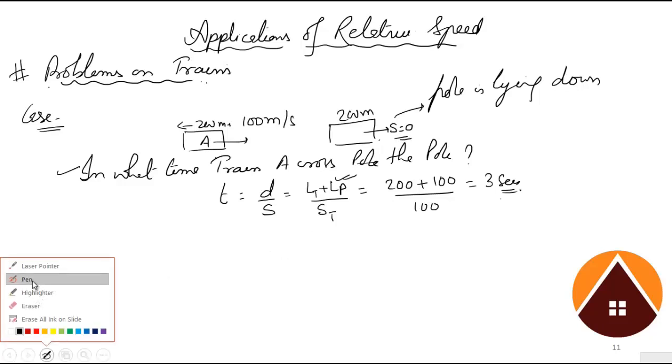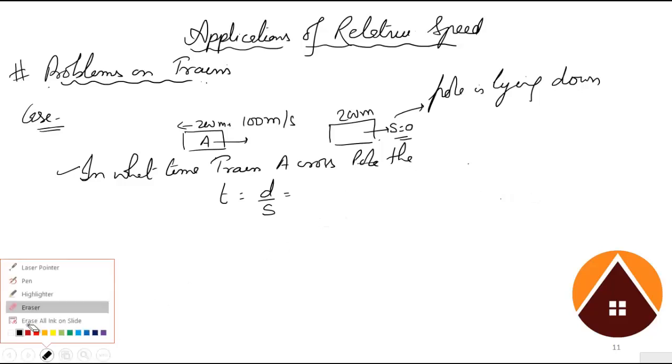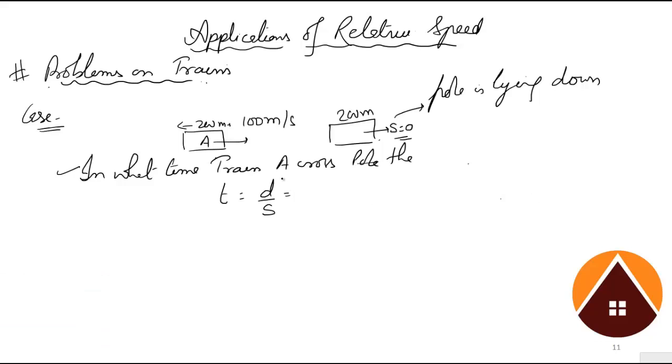In this case, in how much time the train A will cross not the pole, but we are asking the train will cross another train B, say. So how much time train A cross train B? This is suppose train B.